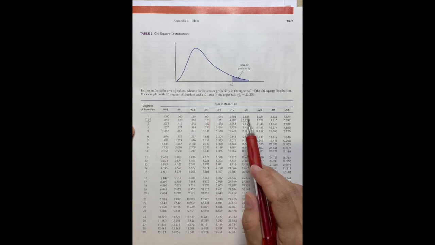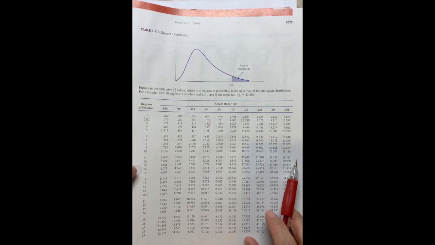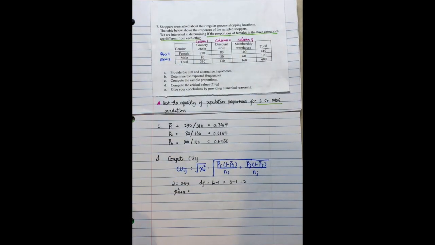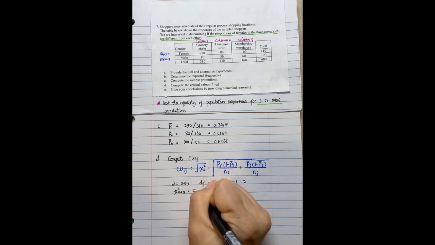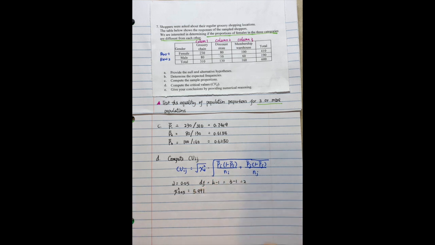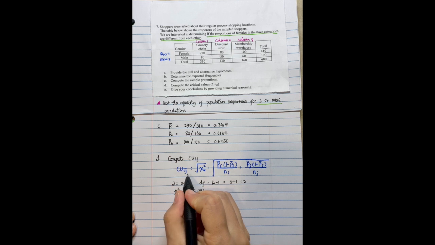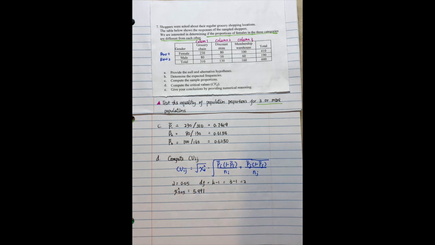So this will be our chi-square test statistic if the level of significance equals 0.05. 5.991 at degrees of freedom equal 2. So let me just write down this number first. 5.991.